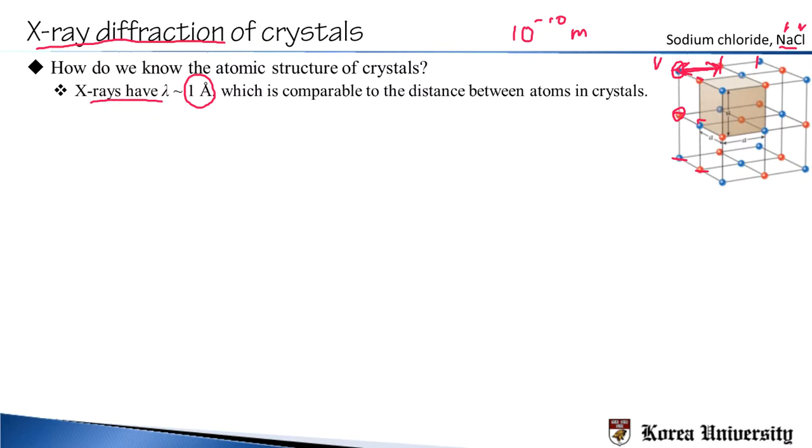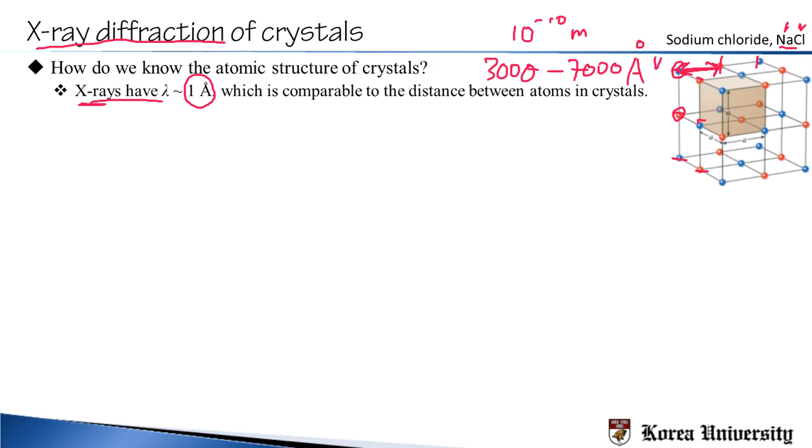Compared to that, visible light has a wavelength somewhere around 3,000 to 7,000 angstrom. Therefore, visible light has a very long wavelength, so you cannot observe these atoms using your eyes. You need to use X-rays, and X-rays will produce a diffraction pattern.